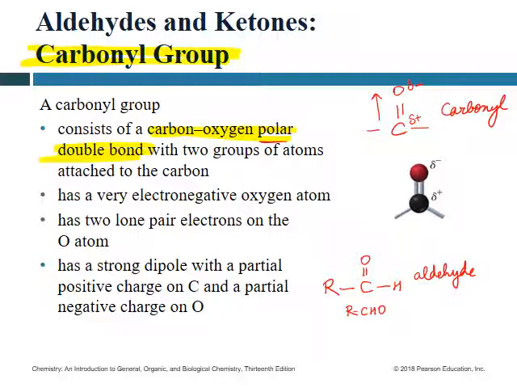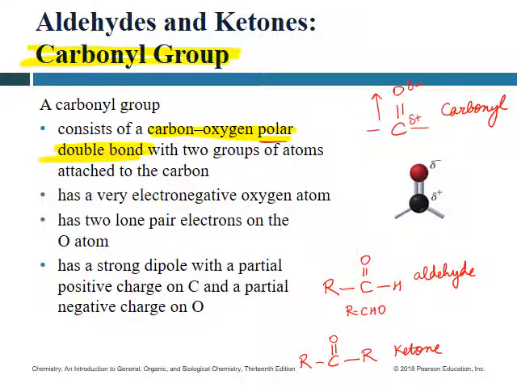And the ketone group here, a ketone also is a carbonyl, so it has C double bond O. One side has an R group, and the other side also has a carbon or R group. So if this hydrogen is replaced with another group of carbons, that is called a ketone. So this functional group is called a ketone group.